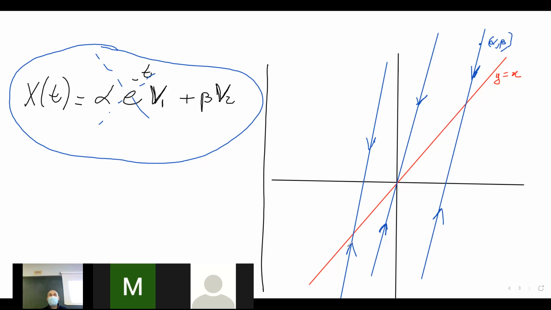For a linear system, if the determinant is non-zero, you have only 0, 0 as a stationary solution. But here, since the determinant is 0, you obtain a lot of fixed points, and each initial solution goes towards one of the stationary points.